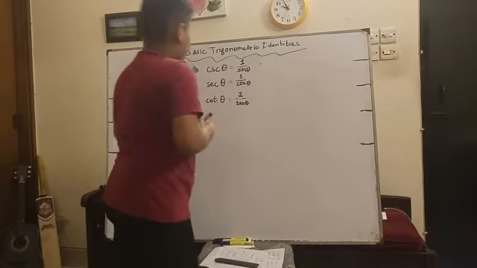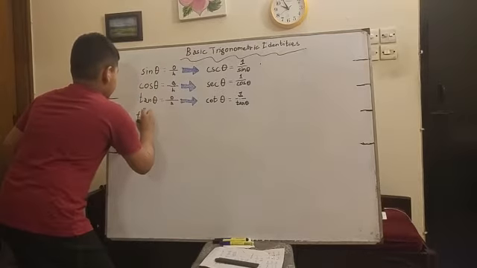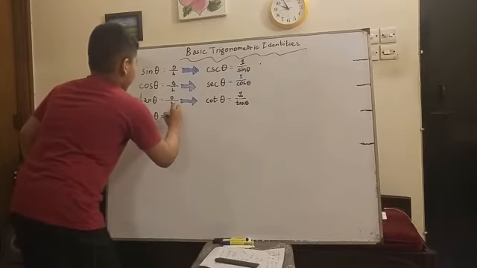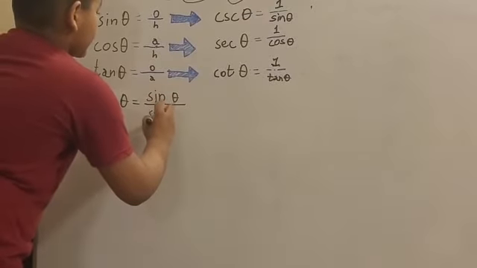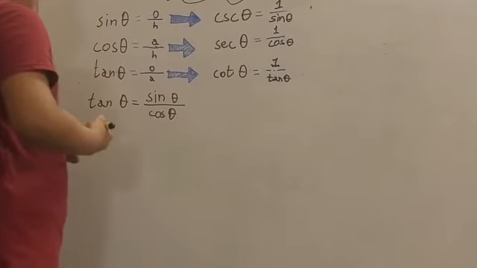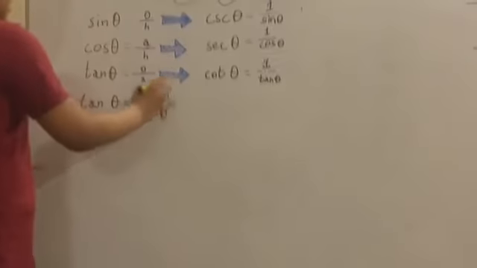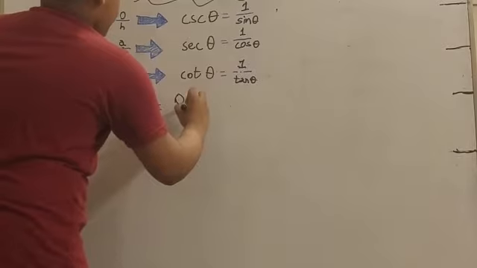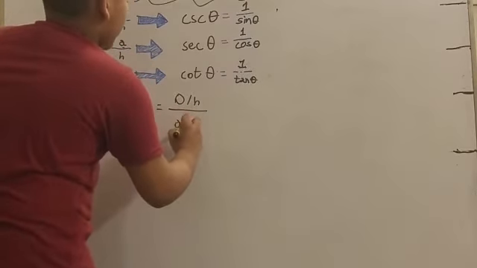Now, we have to understand another thing, is that tangent of theta equals sine of theta over cosine of theta. Don't worry, this is all related. We are still going to learn these. At first, this makes sense, because if you think about it, it's going to be opposite over hypotenuse over adjacent over hypotenuse.